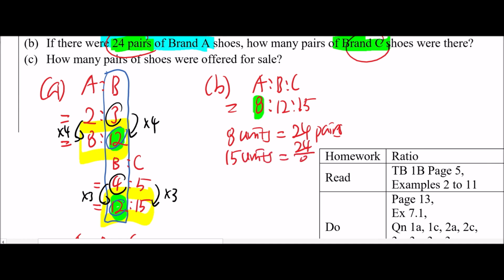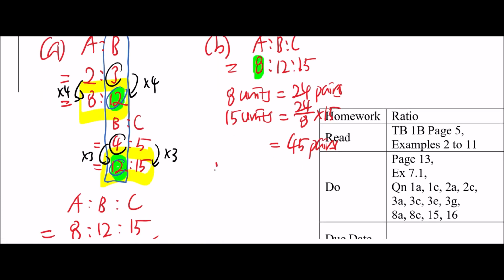It's 24 over 8 times 15. That gives us 45 pairs. And we're done. Of course, it will be good to write a concluding statement. Therefore, there are 45 pairs of brand C shoes in the shop.